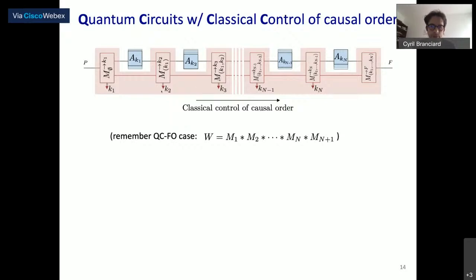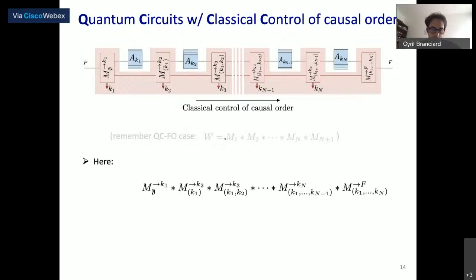If we remember the fixed order case, we just had this star product of all the internal operations that define the process matrix of the circuit. Now, in order to obtain the process matrix of this circuit with classical control, instead of the previous internal CP maps, we have those CP maps here, and we still take the link product in the same way.